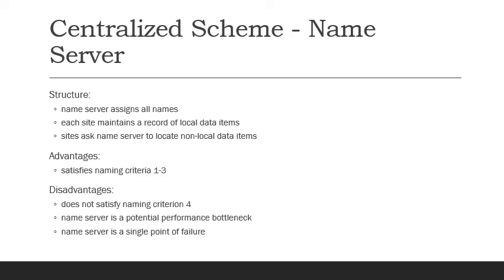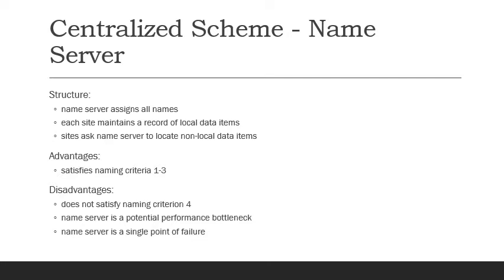Let's see the centralized scheme, name server. One solution to the data item naming problem is to require all names to be registered in a central name server. The name server helps to ensure that the same name does not get used for different data items. We can also use the name server to locate a data item given the name of the item. This approach, however, suffers from two major disadvantages.